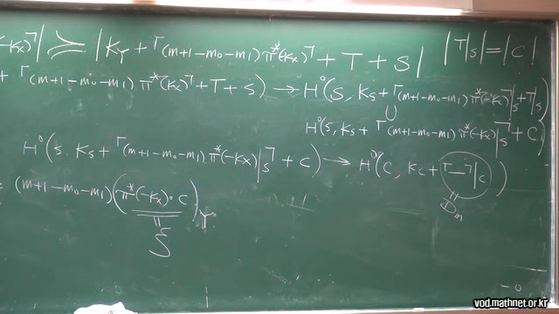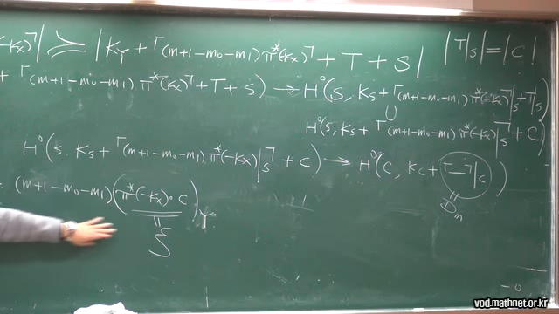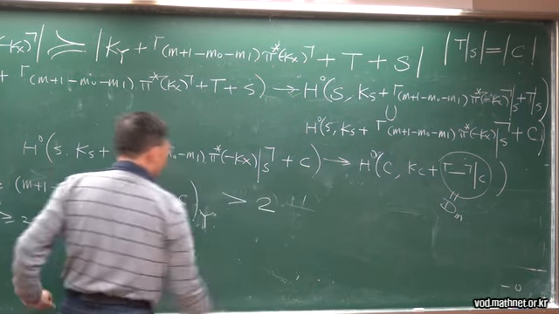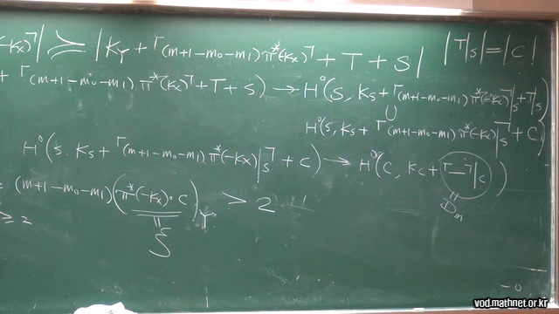When C is a rational curve, it's easy to see that theta is at least 2. So we have m_0, m_1, and you take m large enough so that we need this to be at least 2. Suppose this rational number is larger than 2, then everything is okay. So this gives a birational map.